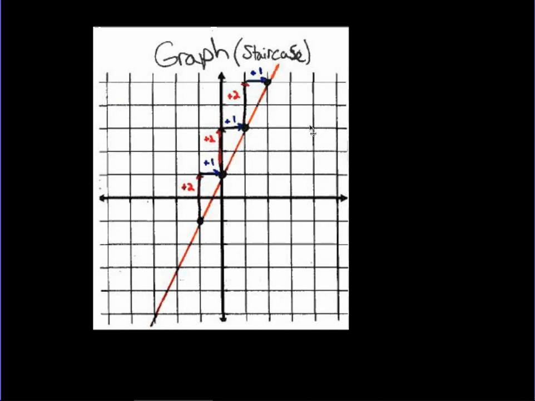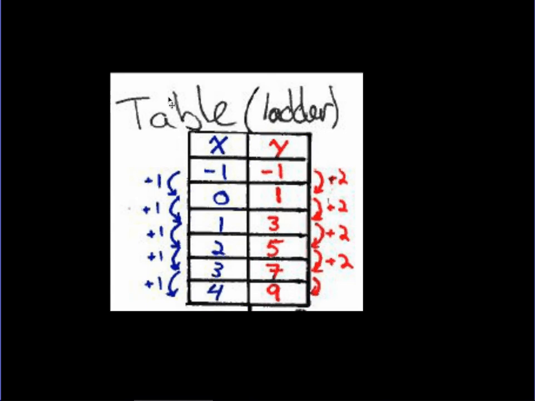Again, this is going to be one of the representations that you'll be given, and you will have to come up with the others. So another example would look like this. This is the same function, but now it gives you the values. The table is what I like to call the ladder, and it will give you a set of values. In that warm-up, it also gave you a set of values. They were in order, and all you had to do is see what pattern it's making.